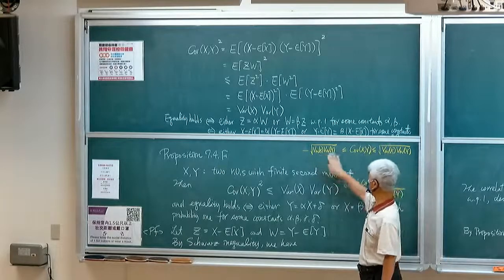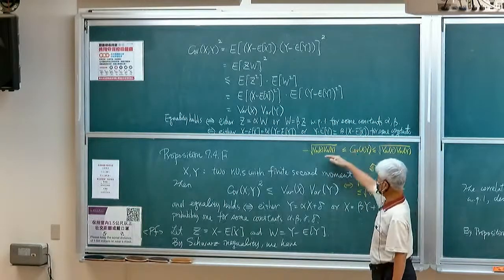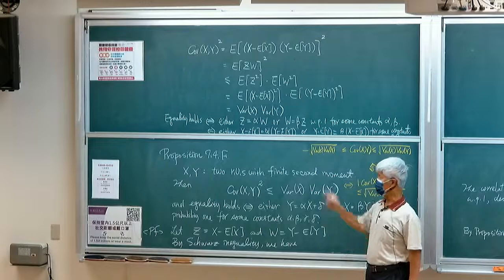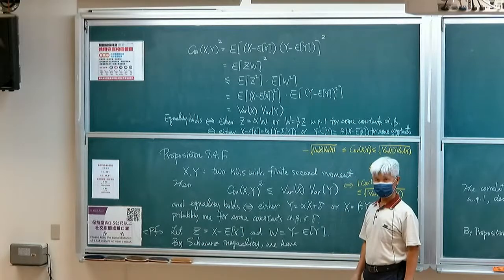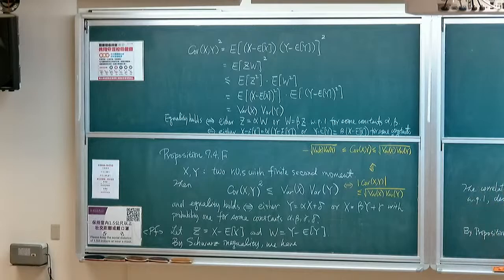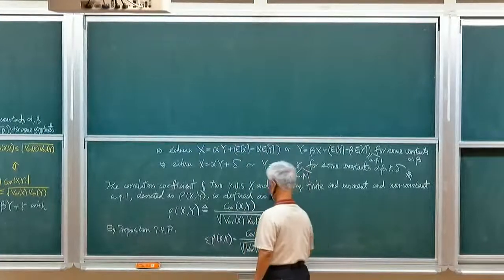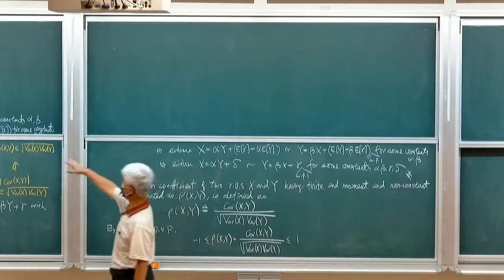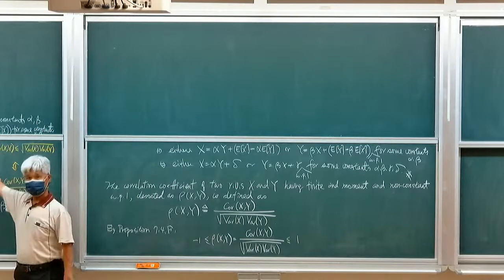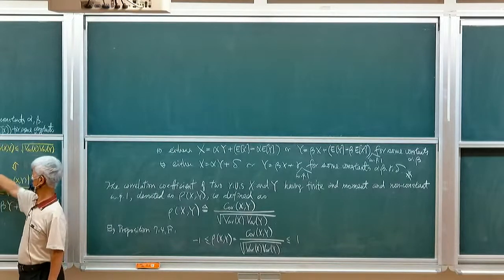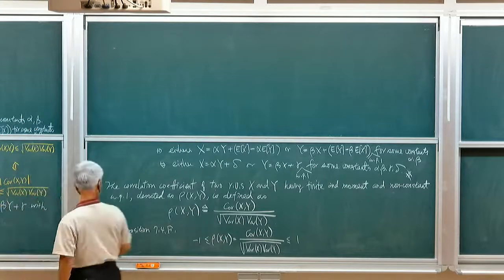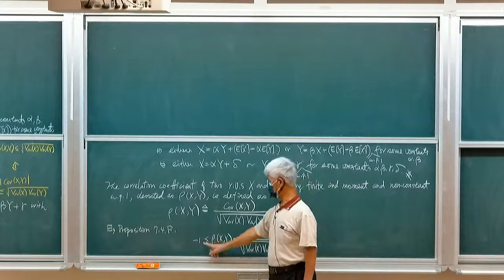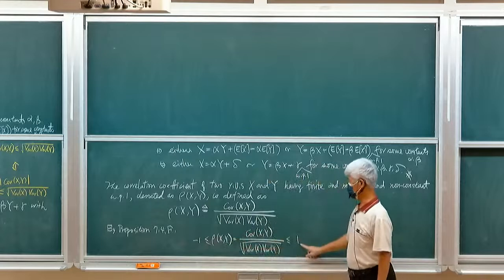So they are positive, so you can divide this inequality by the square root of the product of these two variances. So you can see that this is 1 and then minus 1 when you divide this quantity in this inequality. So you know the correlation coefficient is in between -1 and +1.